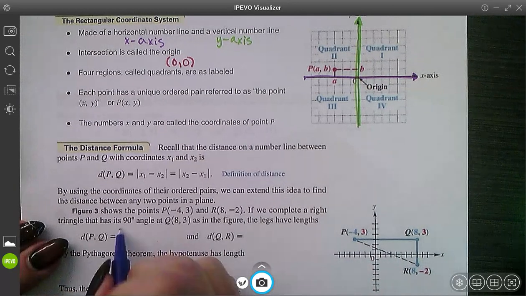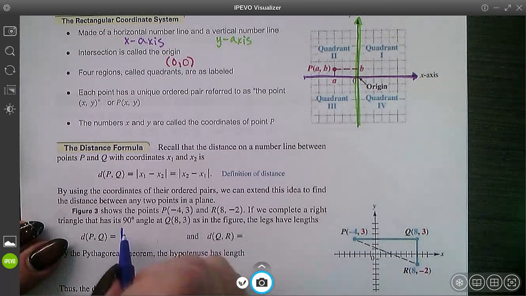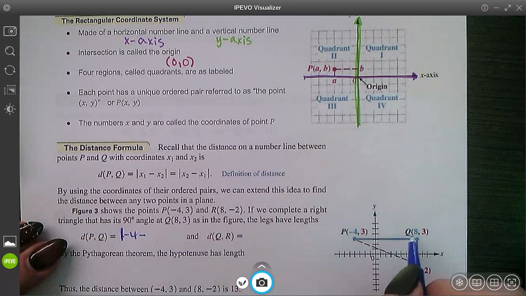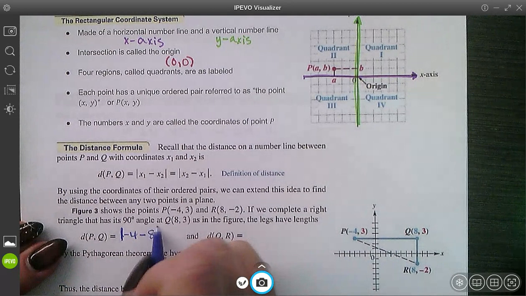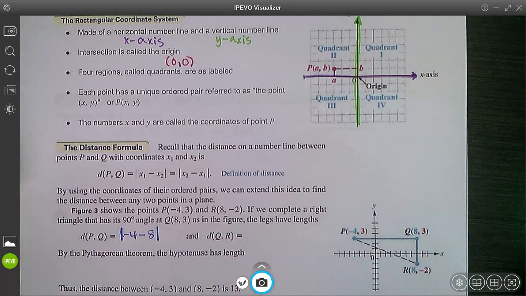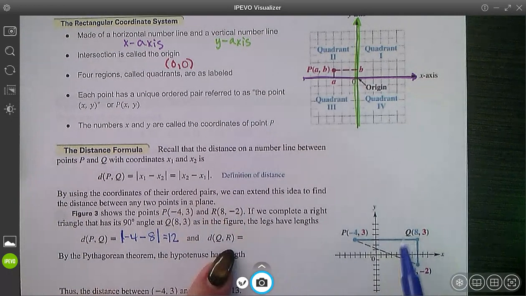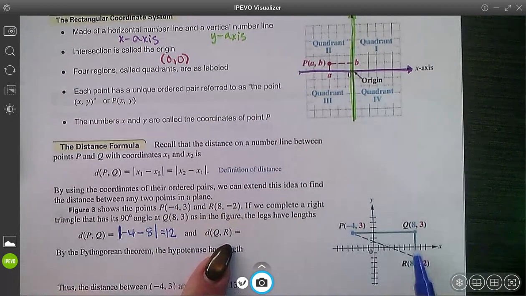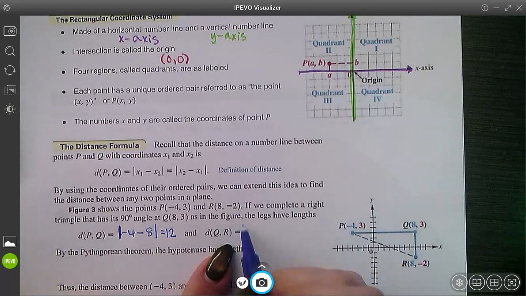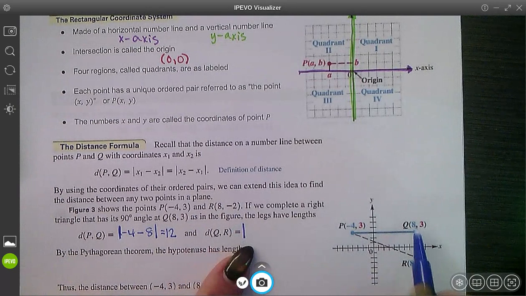So I would take the x value for P, -4, minus the x value for Q, 8, which would be the absolute value of -12. So the distance between P and Q is just 12 units. The distance between Q and R, since they're on the same vertical line, I will just take the y coordinates.